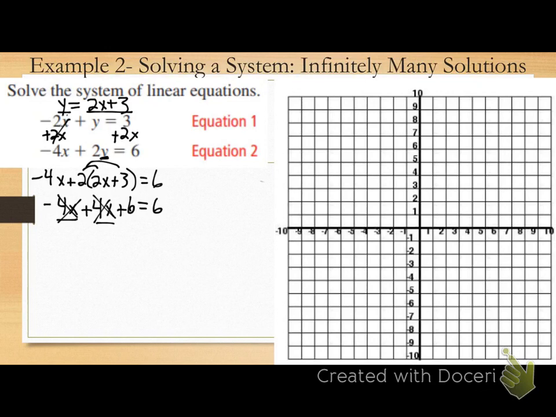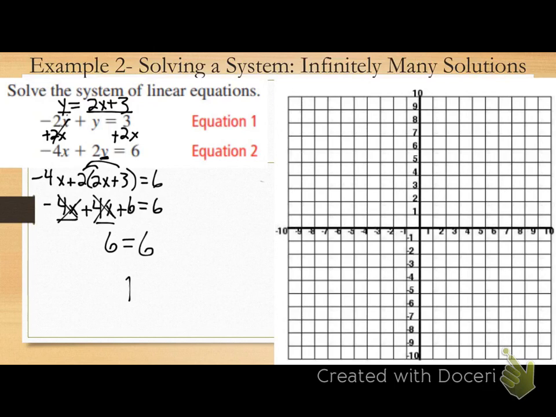So, just like earlier, when we were solving using substitution, our variable cancels out. What statement am I left with? What's left on the left-hand side? 6 equals 6. 6 is left on the right side as well. Is this a true or false statement? True. So if your variables cancel each other out, you're left with a true statement.